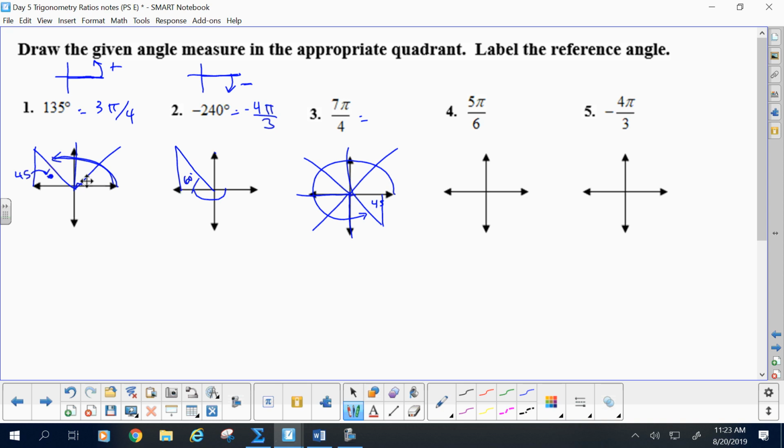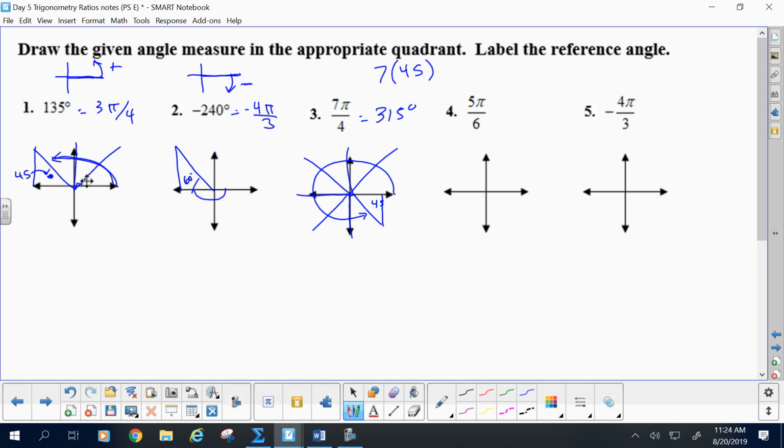What's 7 times 40? 280, and 5 times 7 is 35, so 280 and 35 is 315. Jeez. Wouldn't it be easier to just say 45 from 360? Maybe that would be easier, yeah?